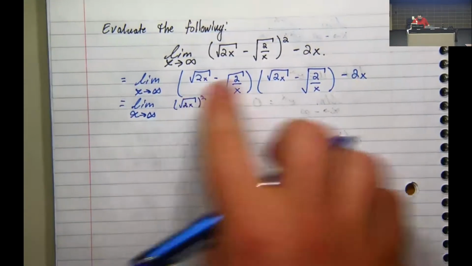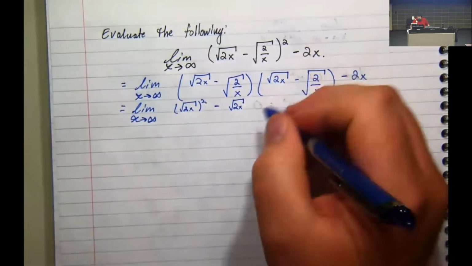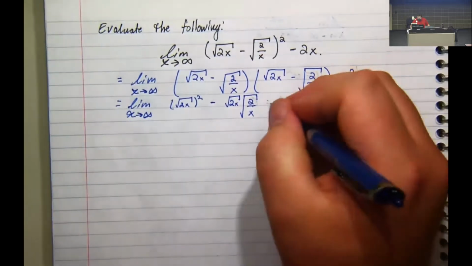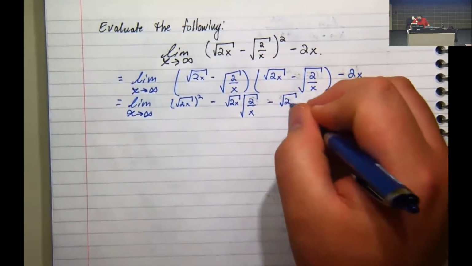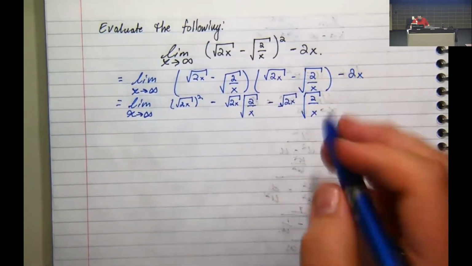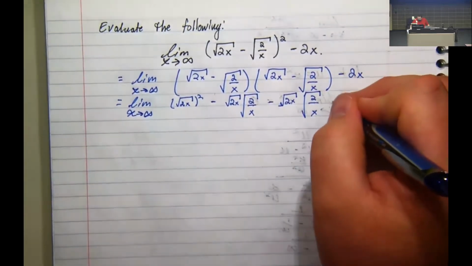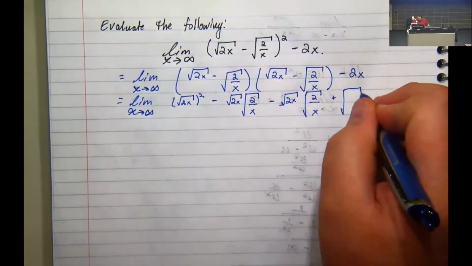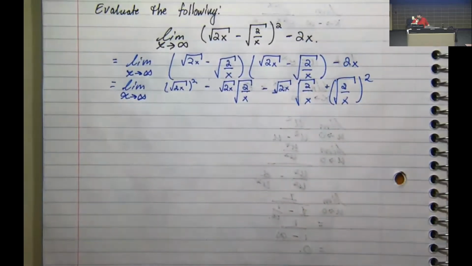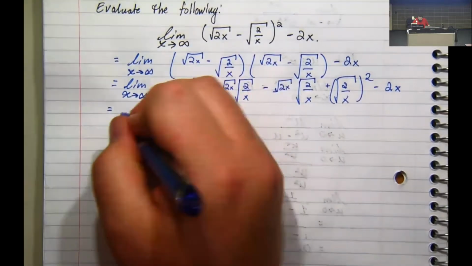And then it's going to be minus root 2x times root 2 over x, minus that again, root 2x times root 2 over x, and then minus times a minus is a positive, so plus root 2 over x squared, and minus 2x at the end.